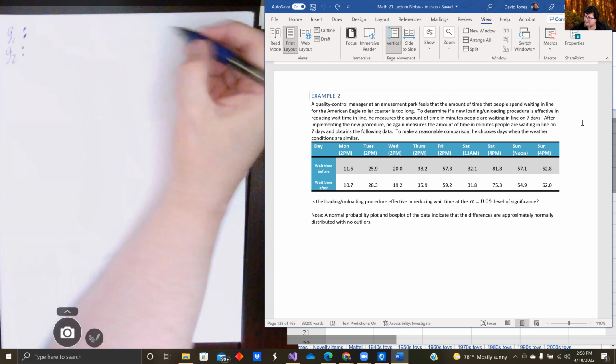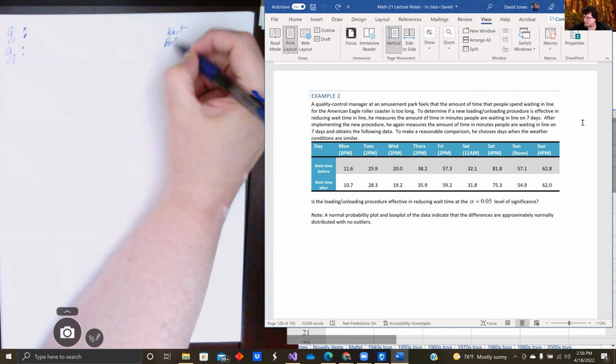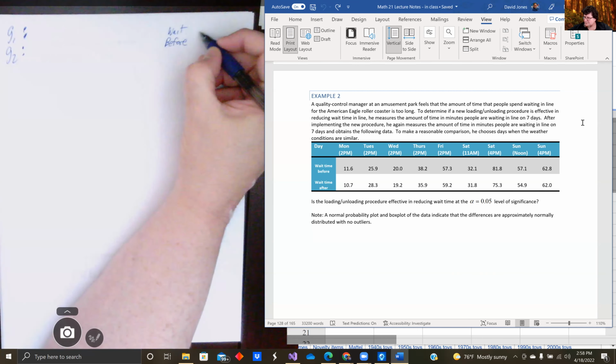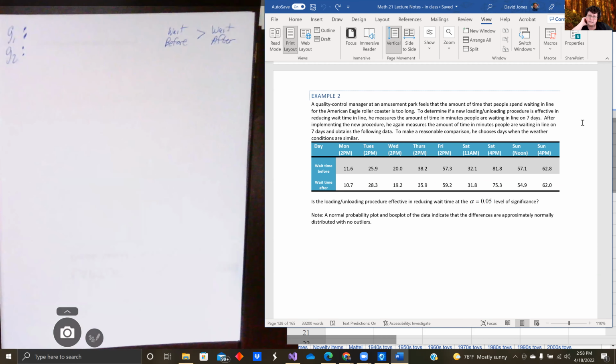Now, one way of thinking that is going, the wait time before has to be bigger than the wait time after. Does that make sense?